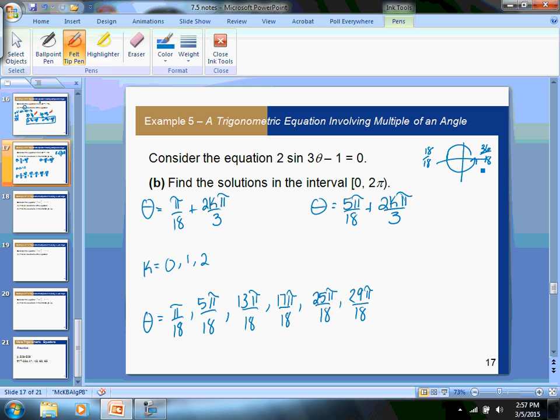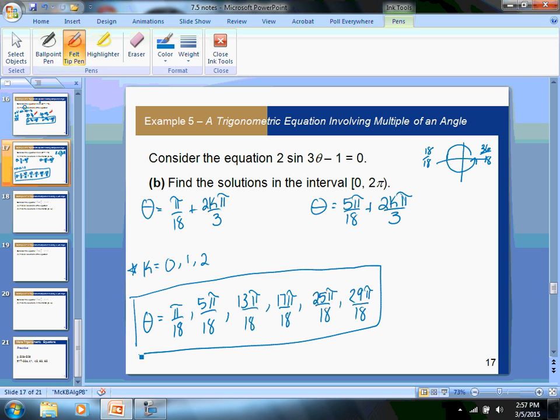And if I tried a k value of 3 and substituted it in there, I'll get 2 pi because I'd have 6 over 3, which is 2 pi. So if I add 2 pi to the 1 over 18, then I've gone past my 2 pi limit anyway. Okay, so these are the k values that I needed to get all of these actual values to go from the interval 0 to 2 pi.